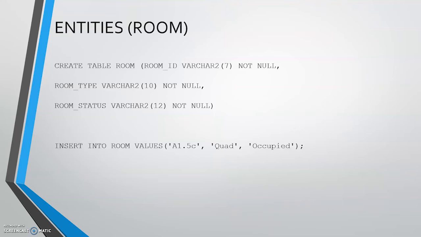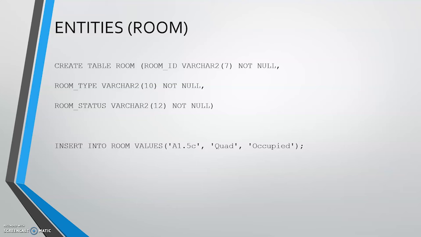For the room entity, we have room ID, room type, and room status. An example of room ID is A1.5C, which makes the room ID unique. It consists of block, room number, and the compartment. For the room type, we have double and quad.